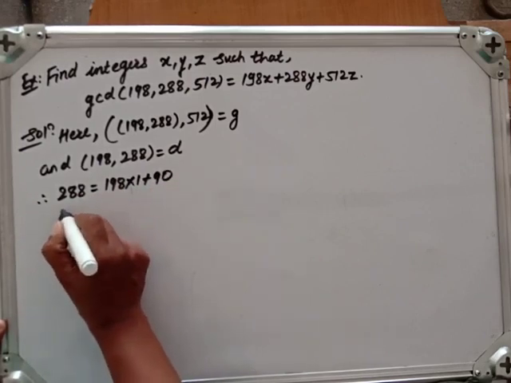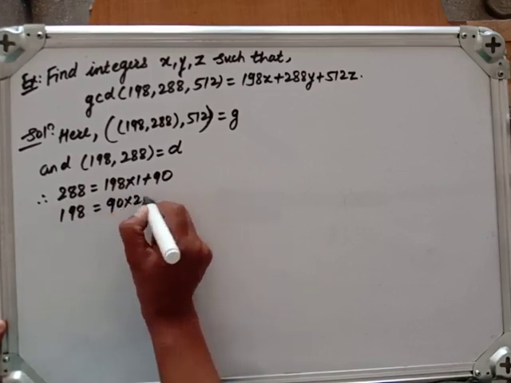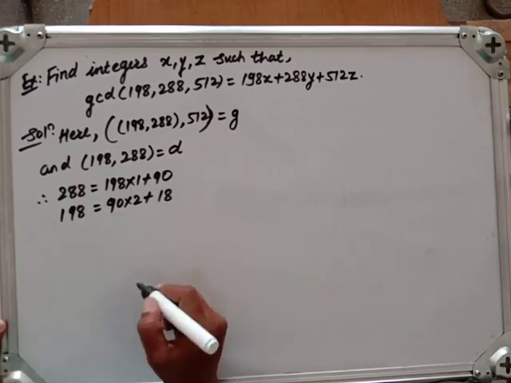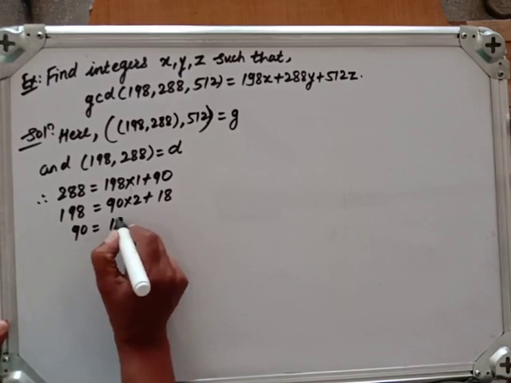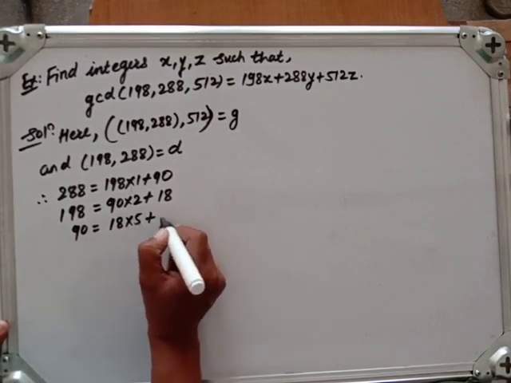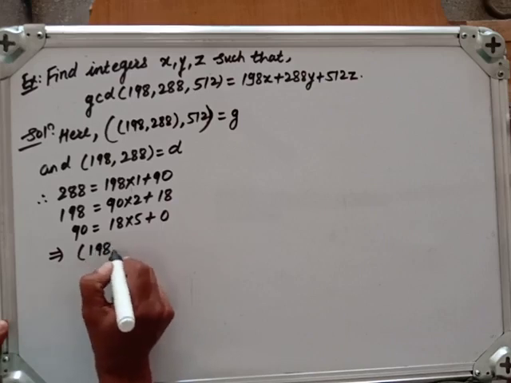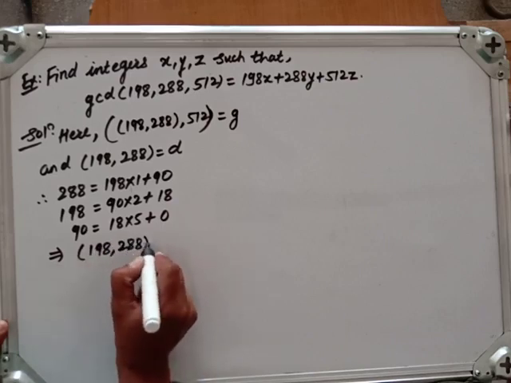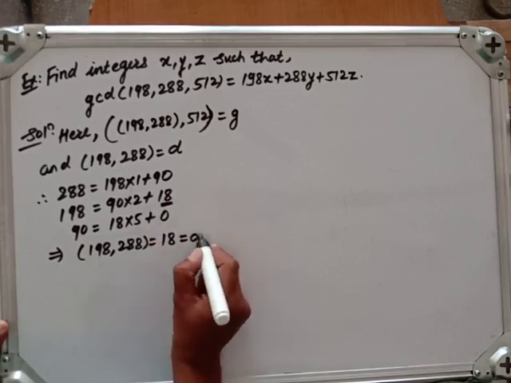So 198 is equal to 90 into 2 plus 18. We are using the Euclidean algorithm. 90 equals 18 into 5 plus 0. So the GCD of 198 and 288 is 18, and that is nothing but our D.